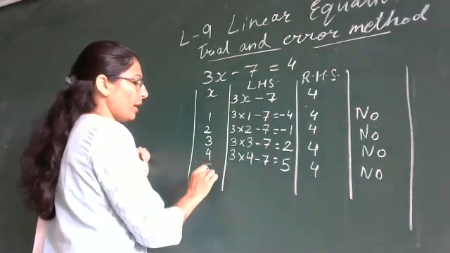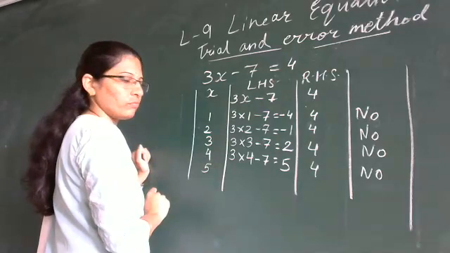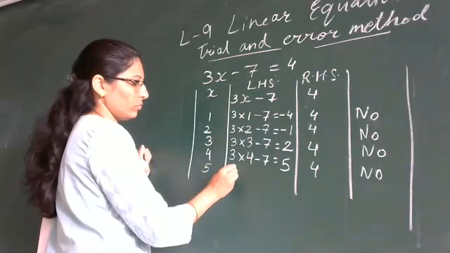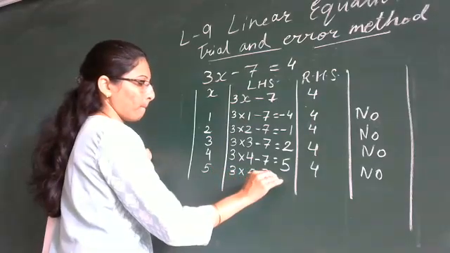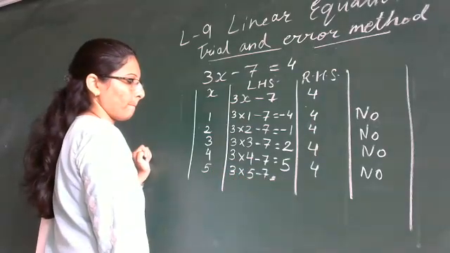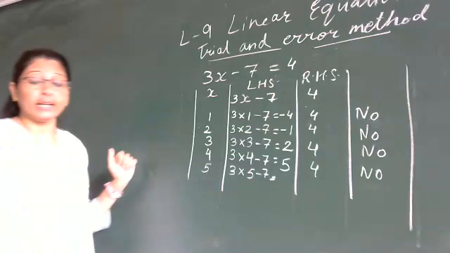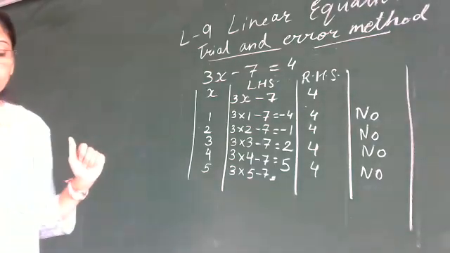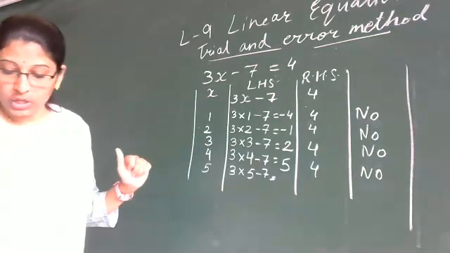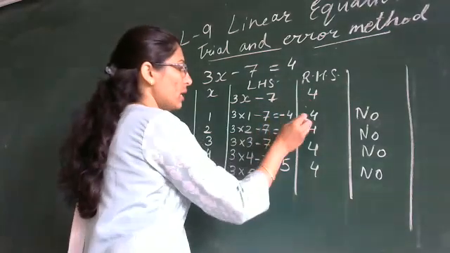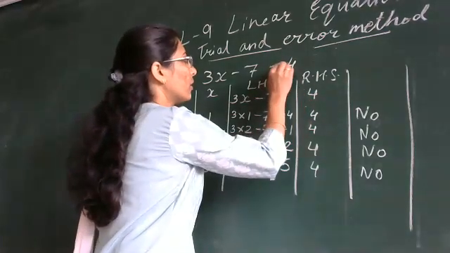Okay, if we put 5, but we are getting greater numbers now. At that time what do we have to do? Here in this question, minus 4 is the answer.